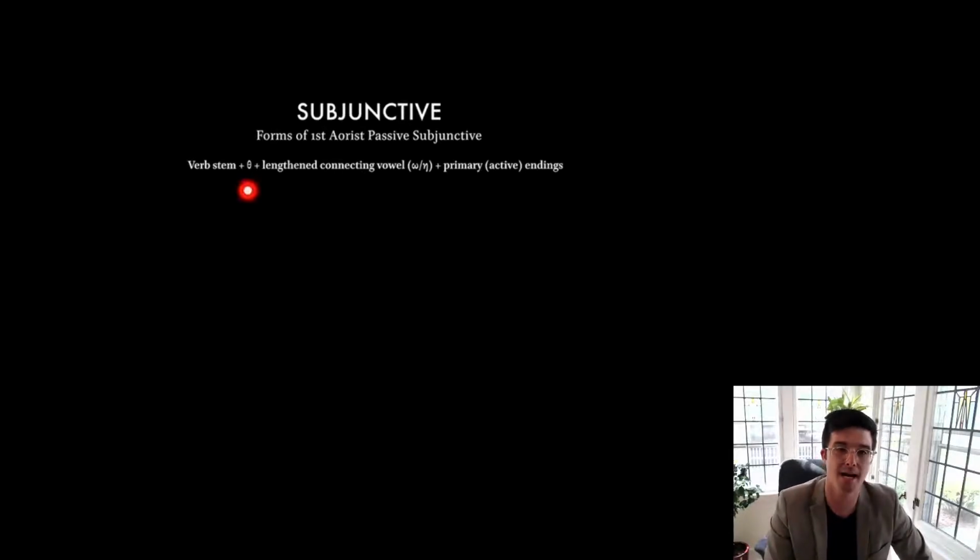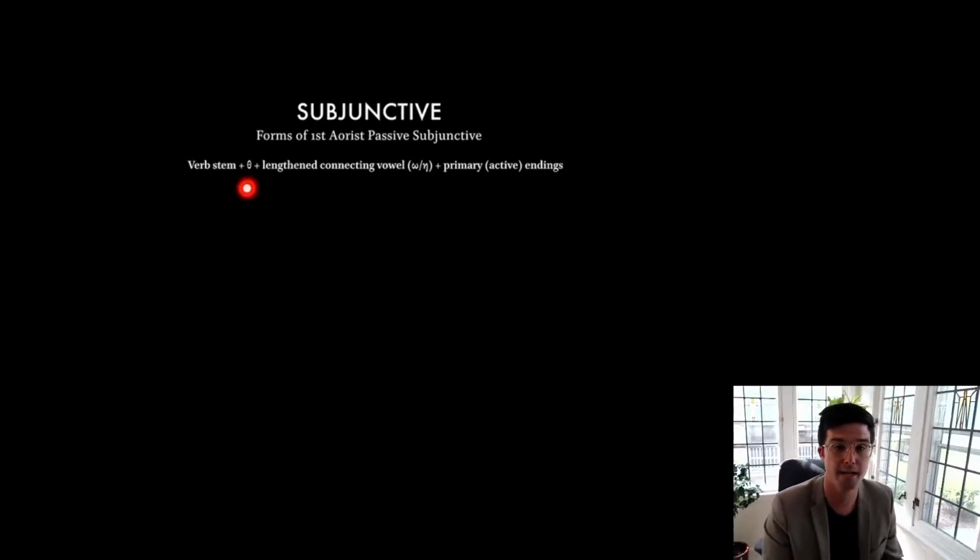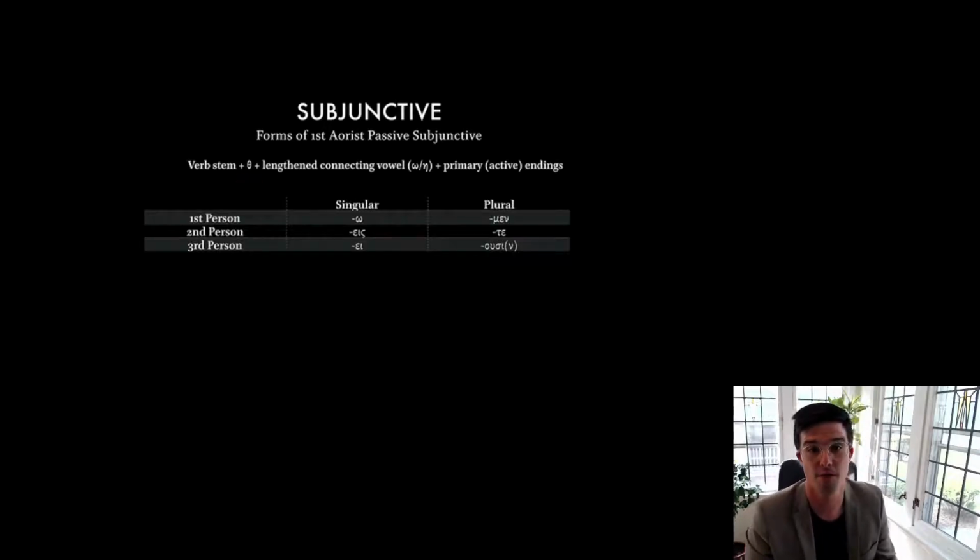Remember, our theta is only going to be there for the aorist tense of the passive subjunctive. In the present passive subjunctive, we have those primary middle endings being the key to identification for the middle and the passive, whereas the theta here is our clue to the passive for the aorist passive subjunctive.